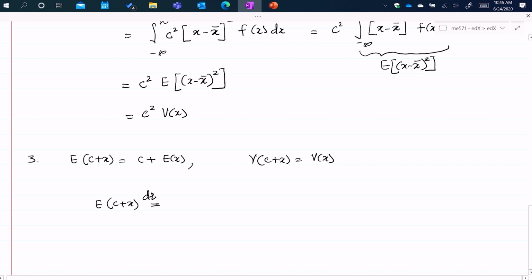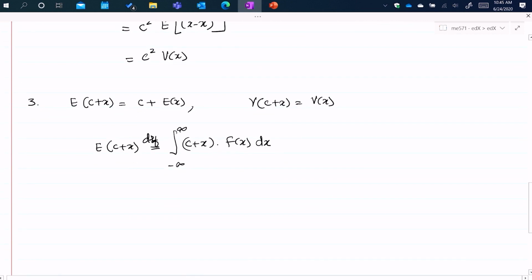By definition, expected value of c plus x is the integral of (c plus x) times PDF dx, and that's by the summation property of the integral.